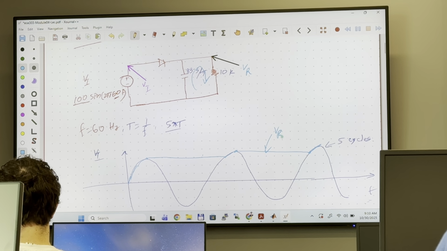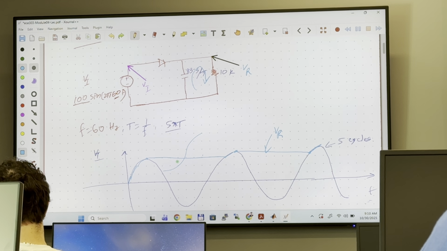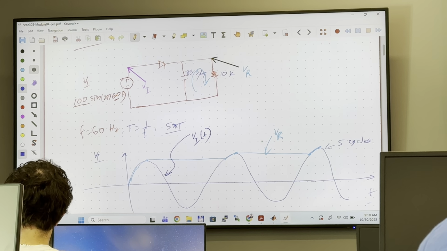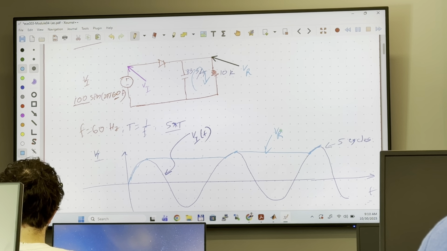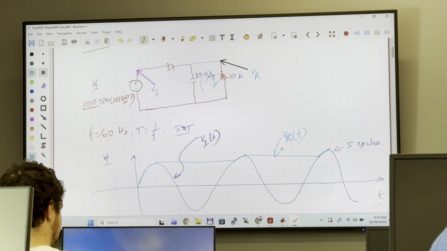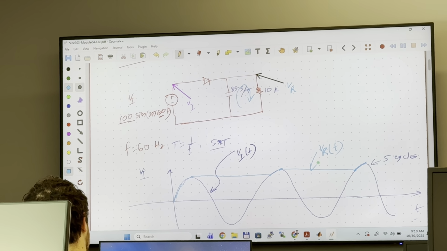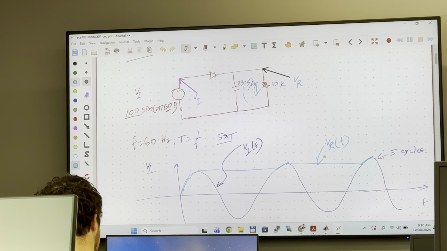This is your VR, and this is your input voltage IT, and this is your output voltage VRT. This is the input and output waveform I'm looking for in one figure. So you just need to show this. That's all. It's very easy, guys.